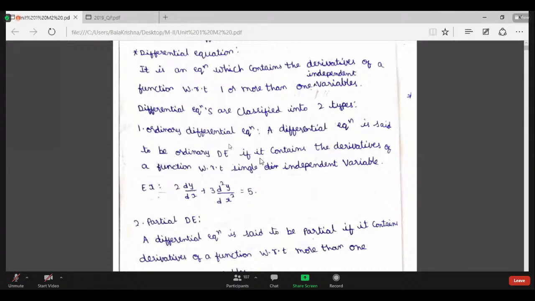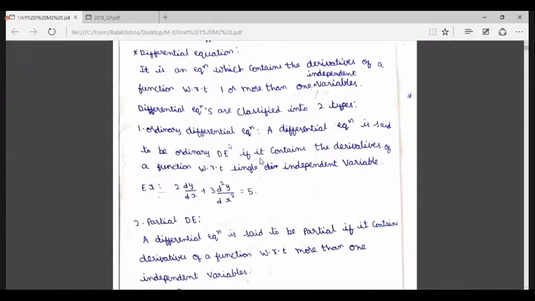So I think you can start. Balakrishna sir, you can start. Sandeep sir, shall I? Yes, sir. Okay, I'm starting.